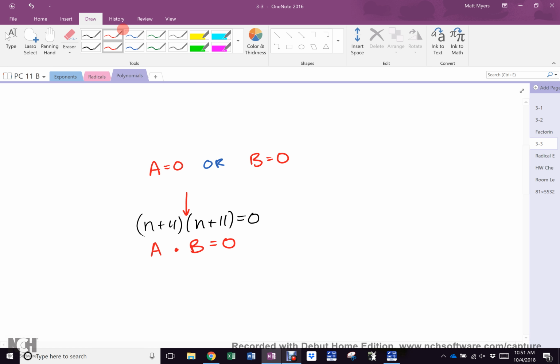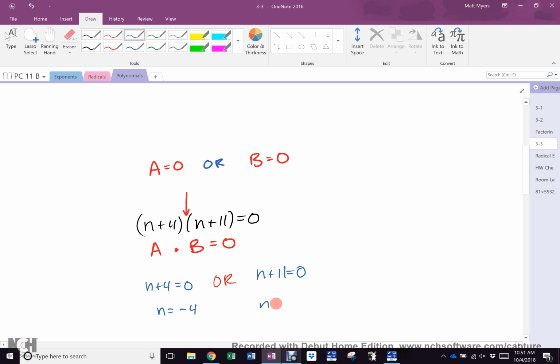Well, what is A? N plus 4. So that would have to equal 0. Or what? N plus 11 would have to equal 0, correct? So n would have to be what? No, n would have to be negative 4.